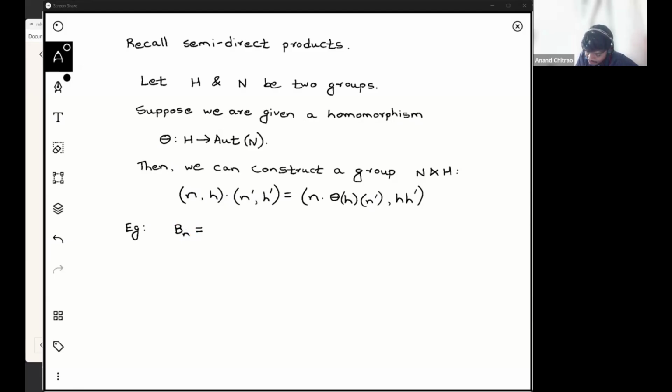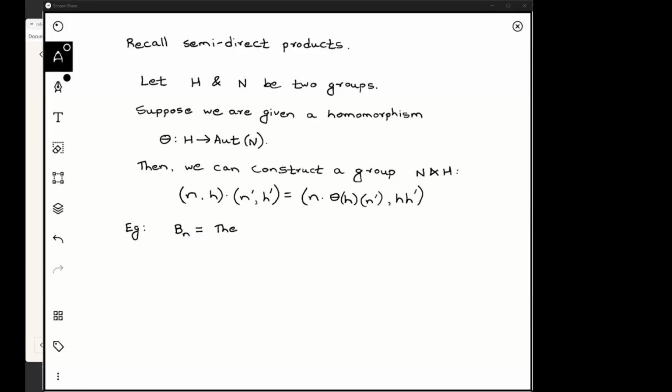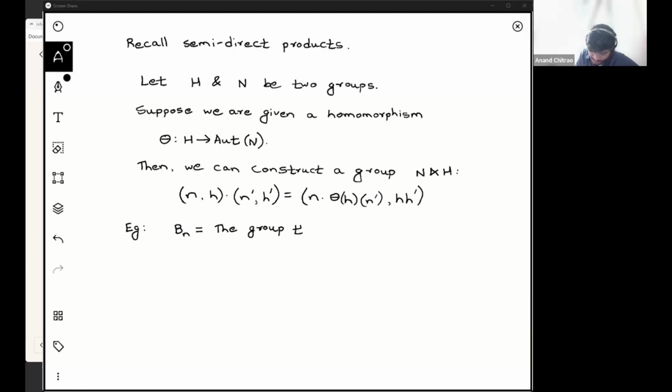Bn was defined to be the group of upper triangular matrices in GL_n(F_p).